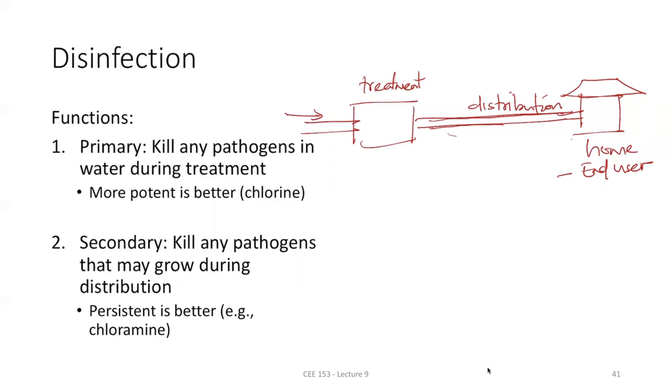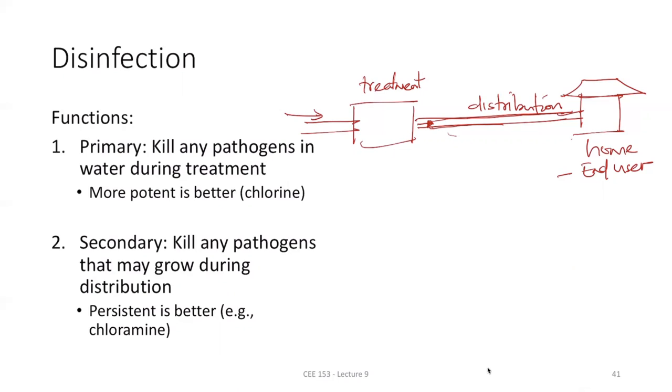So what you really want is some kind of disinfectant remaining when the water leaves the system, to account for that extra amount of pathogens in the distribution system. That's why you want a disinfectant which can persist, because the water can stay in the pipes for many hours before it is used.